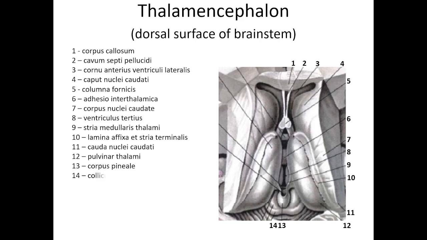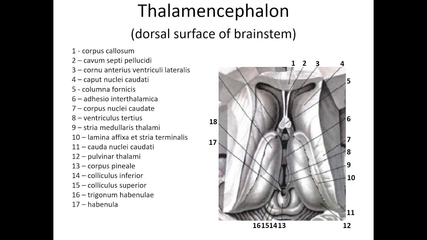Number 14, colliculus inferior mesencephali. Number 15, colliculus superior mesencephali. Number 16 is trigonum habenulae. And number 17 is habenula. Remember that habenula translates into English like leash, for dog leash, for example.